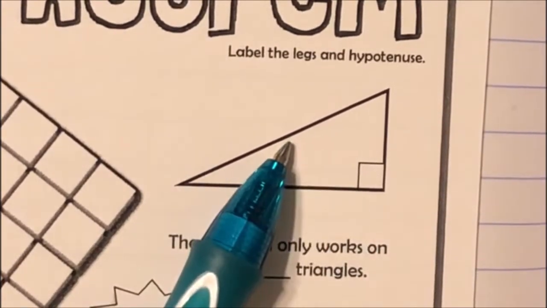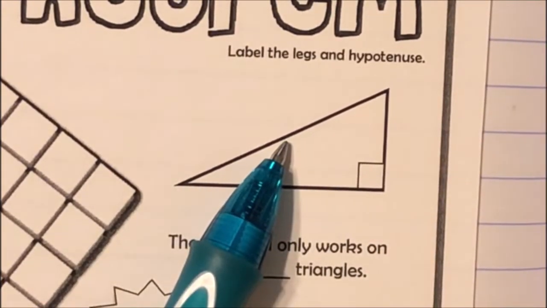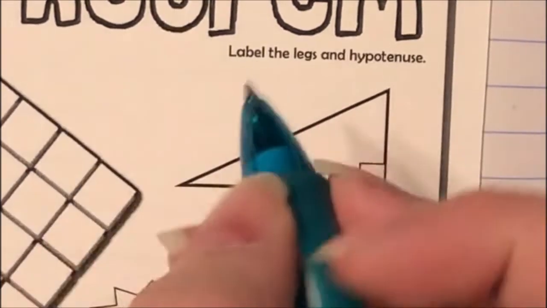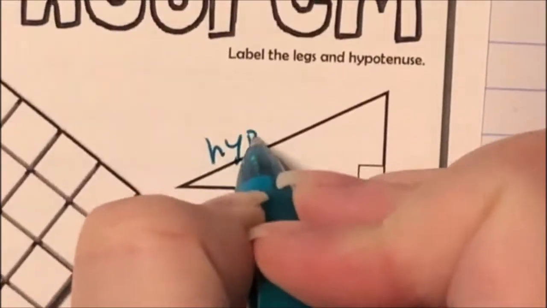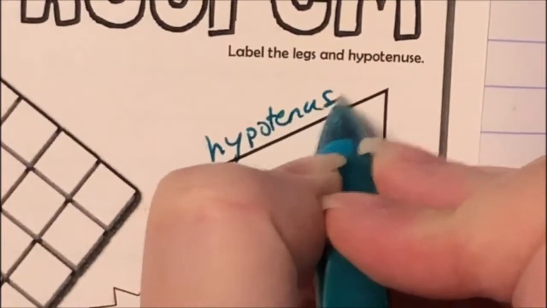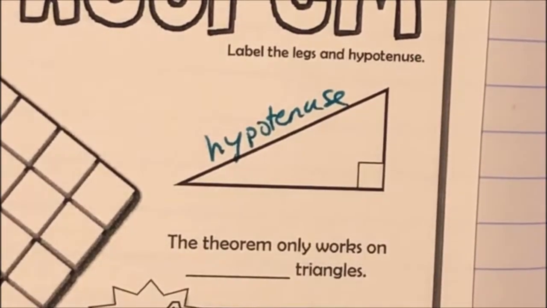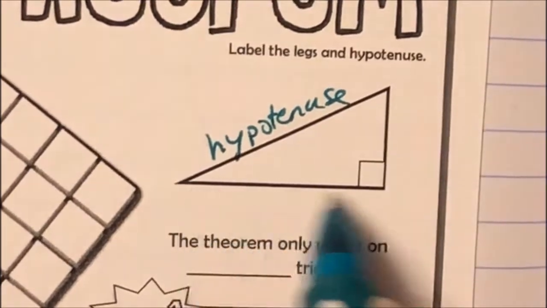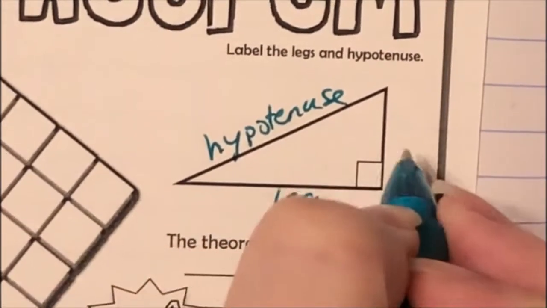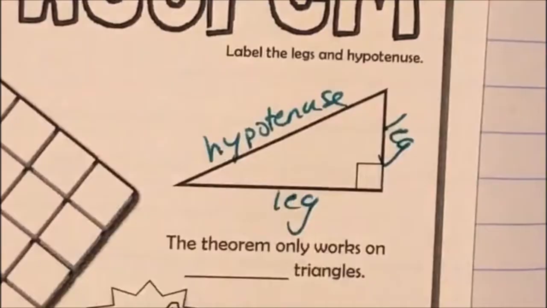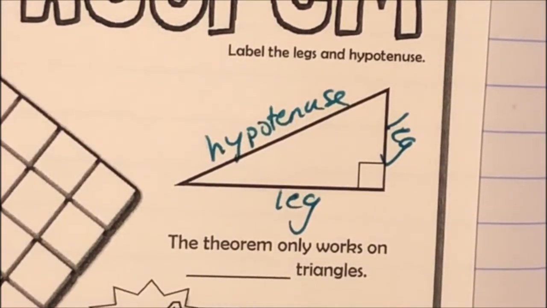My hypotenuse is directly across from my right angle. So this is my hypotenuse. And my legs are always attached to the right angle. So here's my right angle. This side's a leg, and this side's a leg. Okay?